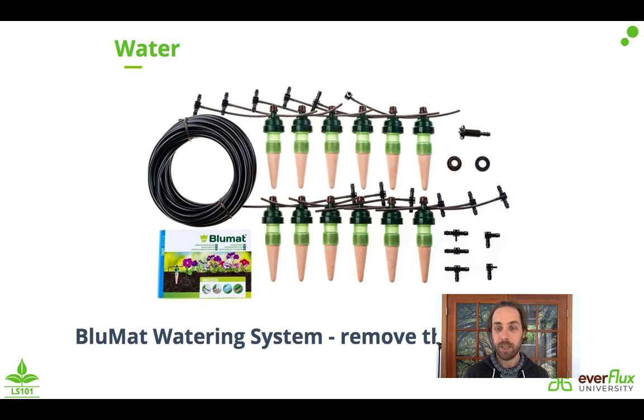Once you get that dialed in, then the irrigation system will feed water according to the moisture requirement that you set. And as long as you have a filled reservoir or you're directly connected to a water line, it will keep the soil at the moisture that you want. Very cool way to automate your grow.